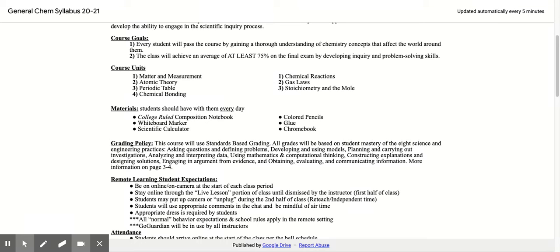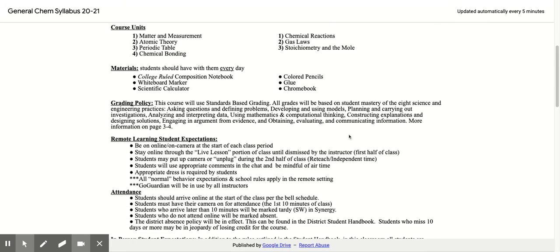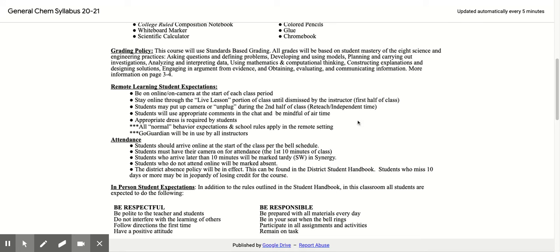So I went over your expectations already, but these are the formal expectations that I need you to abide by. Even in the hybrid setting, it's a little bit different. You have to be live with me at the beginning of the class, and then I am also going to take attendance again at the last 10 minutes of the class.